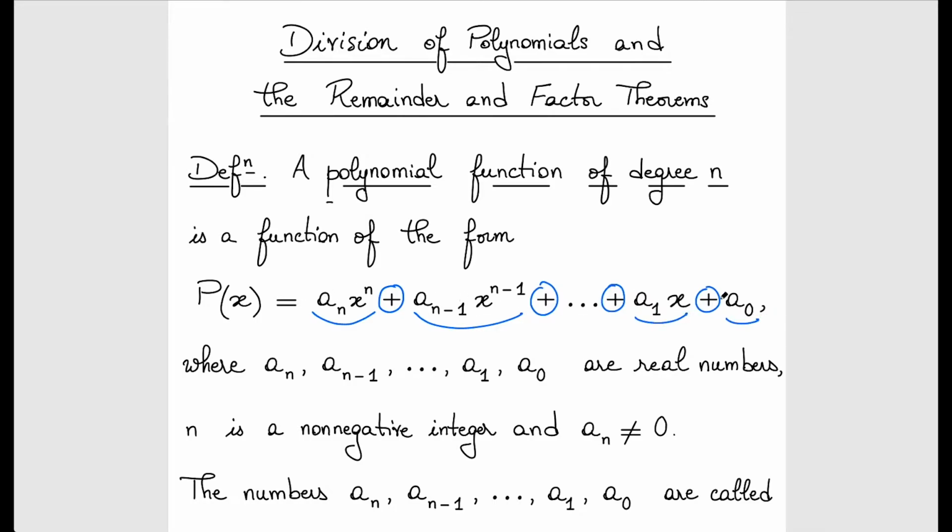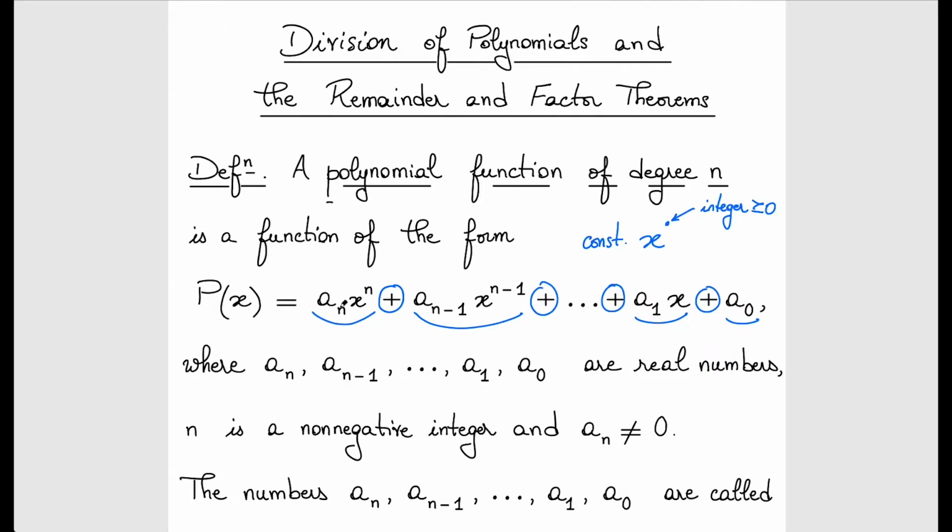So it's a finite sum of terms, each of which looks like a constant times x to some power, where this power is an integer that's greater than or equal to 0. It's a non-negative integer.